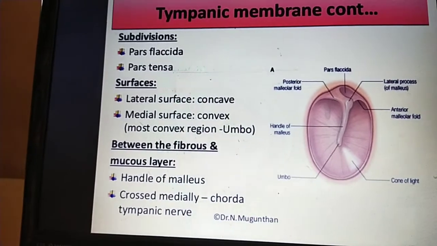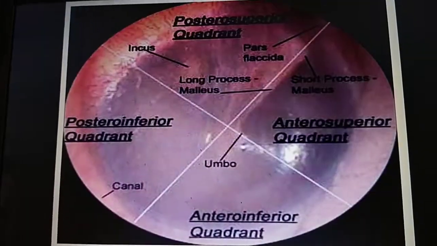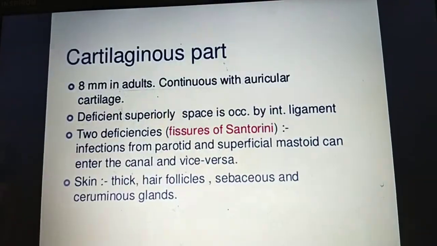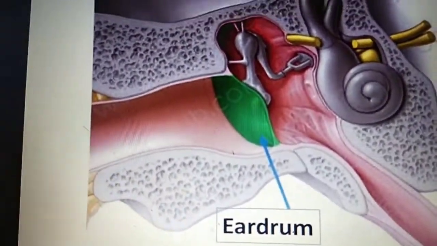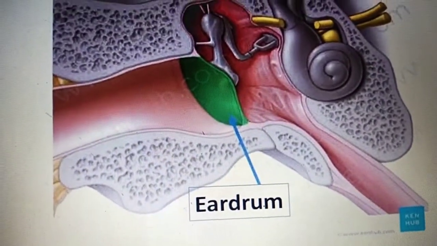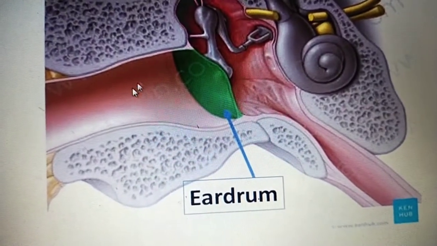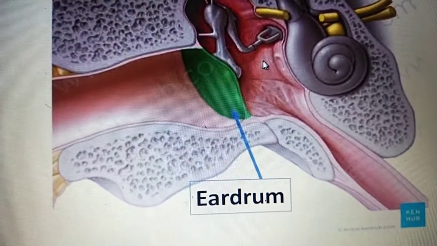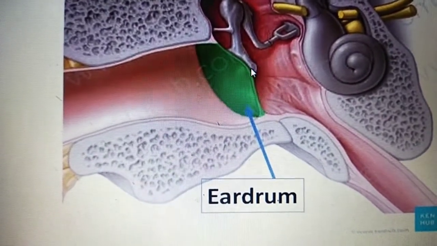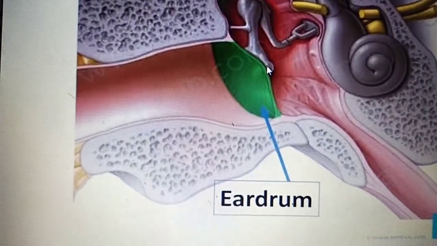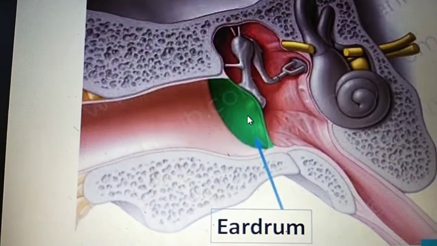You can see here in this picture how it is convex at the middle ear, and how it is concave towards the external auditory canal. This is the centralized, inverted part of the eardrum. You can see it clearly here.